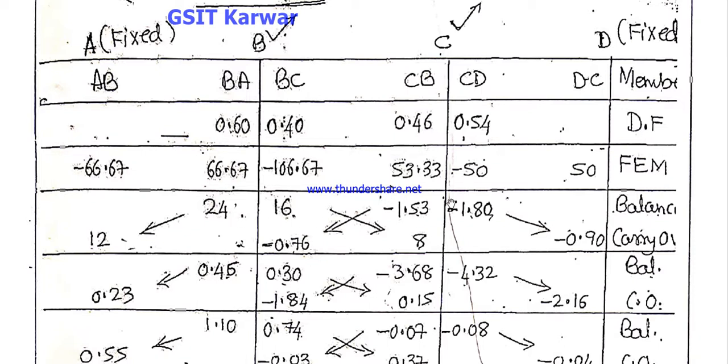Next, move to joint C. How are you going to calculate here? The procedure is the same. You add the fixed end moments at joint C. That means you write 53.33 minus 50, and you get the answer minus 3.33.